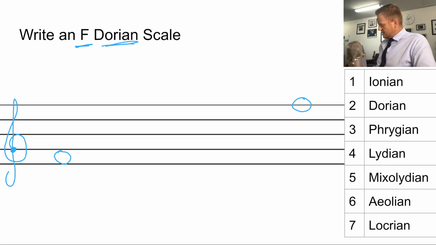Dorian is the second mode, so what is F the second note of? Of course, it's the second note of E flat major, which has the key signature of B flat, E flat and A flat, 3 flats. So we write in the rest of the notes, hopefully getting our spacing perfect.